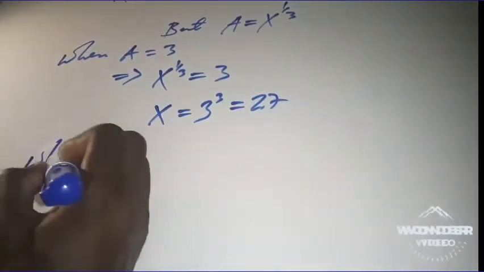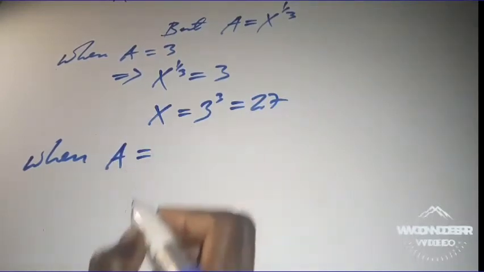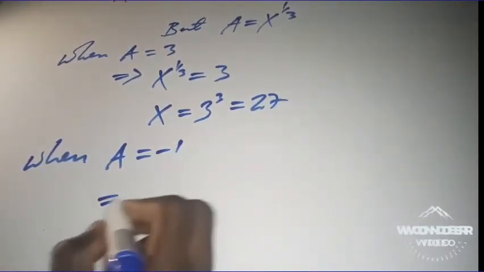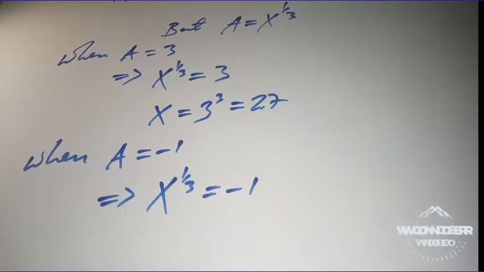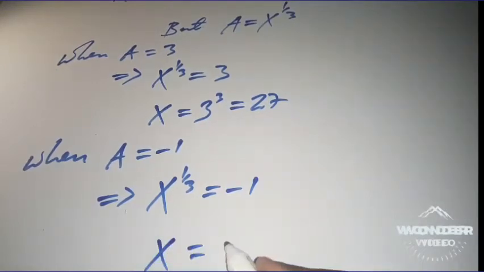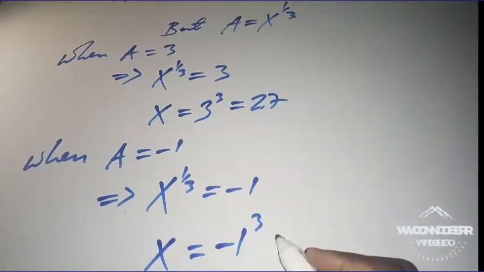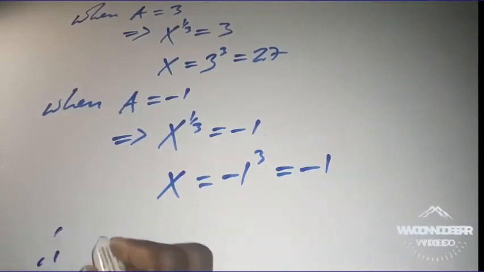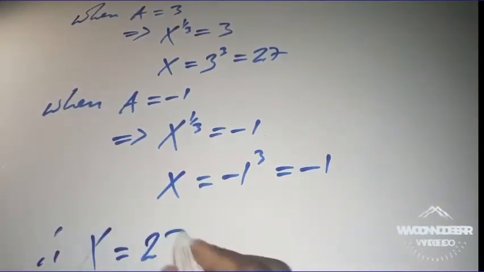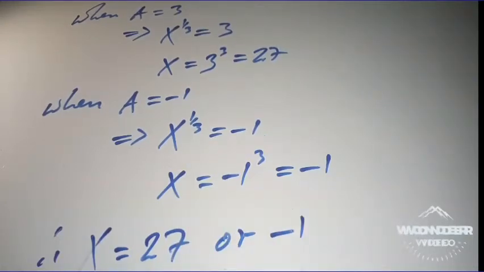Also, when a is equal to the second option, which is negative 1, this implies that x to the power of 1 over 3 is equal to negative 1. By taking the cube root of both sides of the equation, x is now equal to negative 1 raised to the power of 3, and negative 1 to the power of 3 is equal to negative 1. And therefore, the value of x is equal to 27 or negative 1.